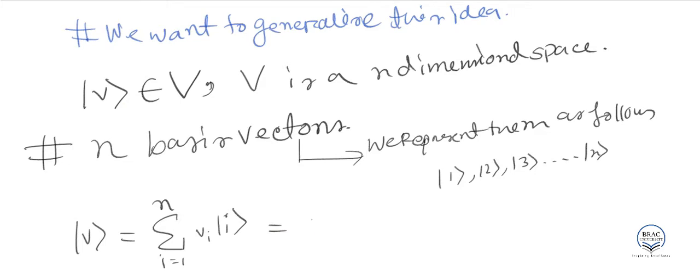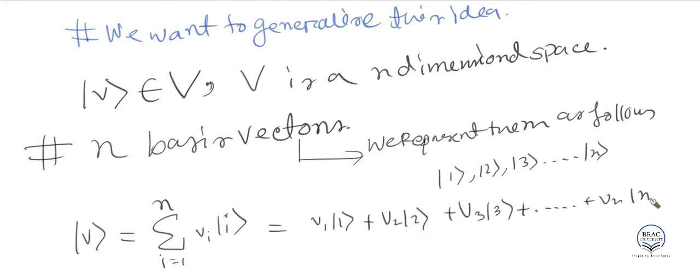So this will mean v1 |1⟩ plus v2 |2⟩ plus v3 |3⟩, and so on. The final component is just vn |n⟩. So this is how we can expand this thing, right? This is something we already know.